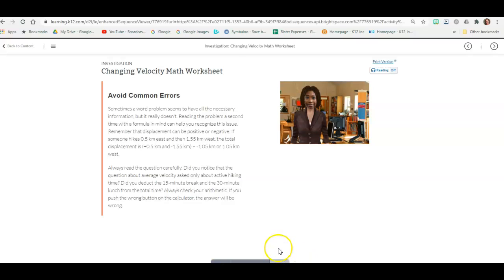And then finally, you want to avoid common errors. Sometimes a word problem seems to have all the information, but it really doesn't. So if you're reading a problem a second time with the formula in mind, that can help you recognize the issue. So remember that displacement can be a positive or a negative number.